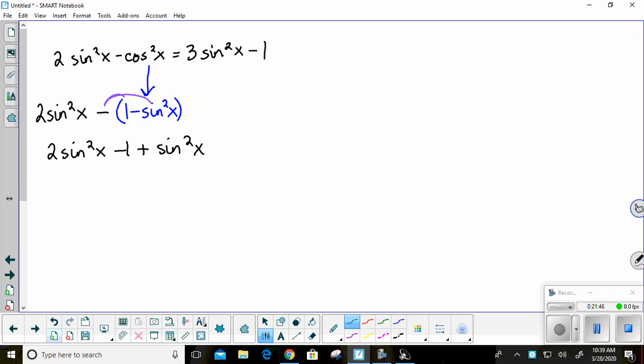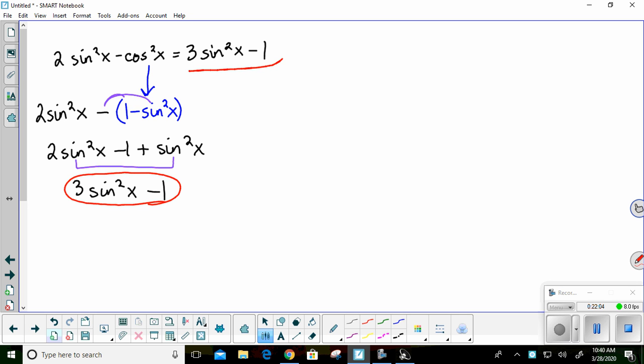Well now we've got 2 terms that have a sine squared x in them, so I can combine like terms. So my like terms give me 3 sine squared x minus 1. And that is, of course, the same as the right-hand side of my verify the trig identity problem. Okay?